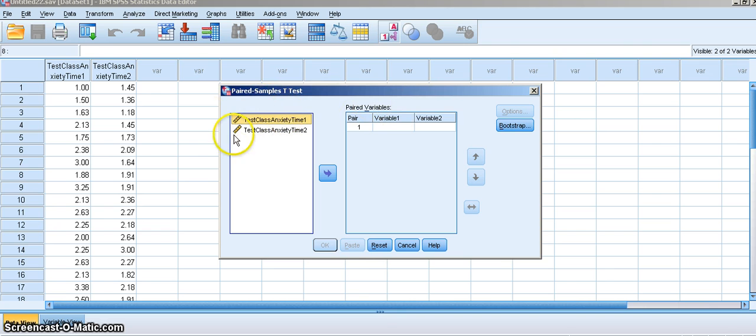It doesn't really matter in what order we put them, but all you have to do is just be careful with your interpretation. That's all there is to it. So let's say I want to use time1 as my variable 1, and the way I do it is I just click on it and drag it over to the place where I want it to go.